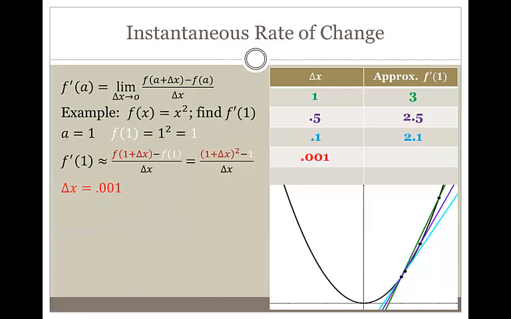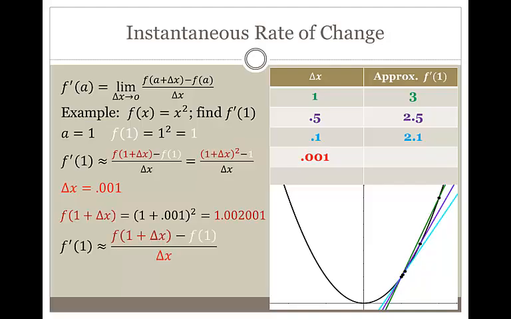Shrinking delta x even more to 0.001, we get that f of 1 plus delta x is 1 plus 0.001 squared, which is 1.002001, which gives a point incredibly close to our first point.